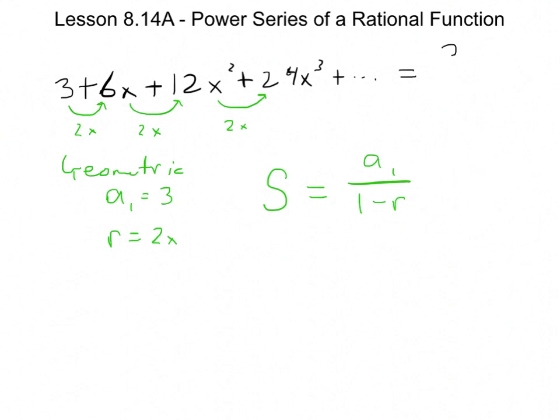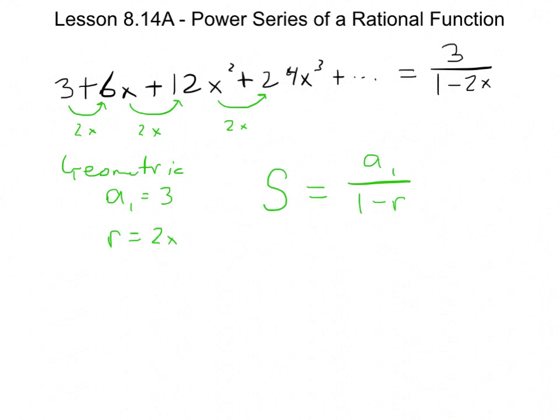So it should be 3 over 1 minus 2x. And this is really exciting because it means, wow, this infinite polynomial-ish thing is apparently the same as this.